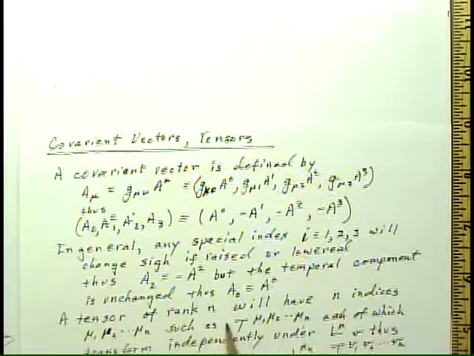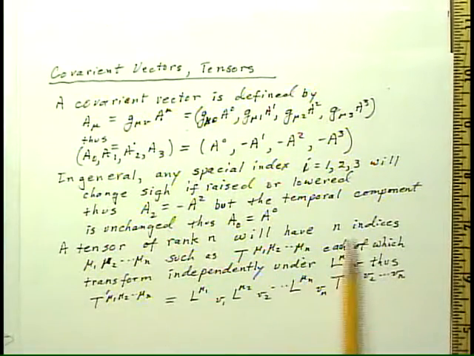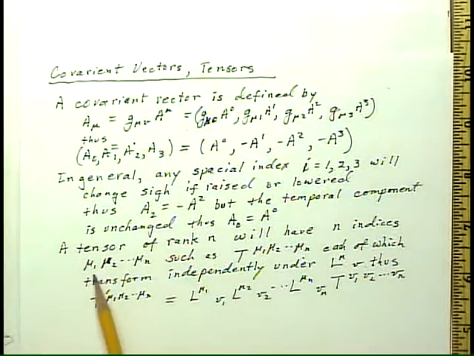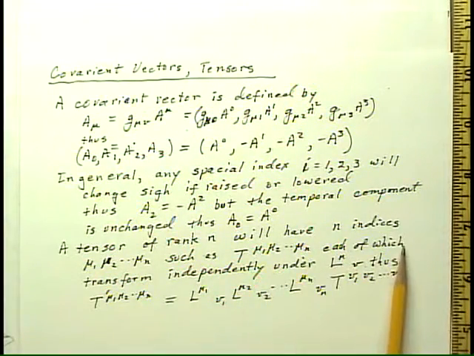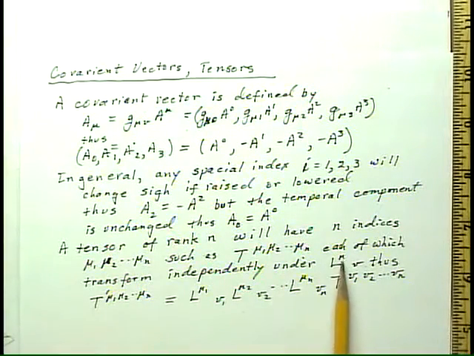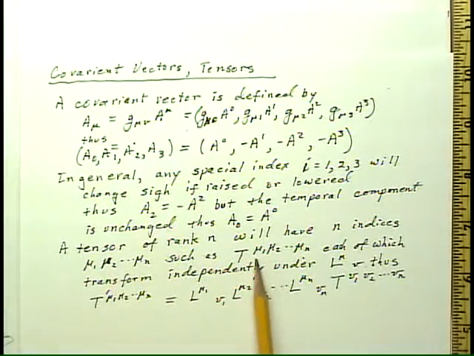We can define a tensor of rank n as an object which has n indices, mu1, mu2, up to mu n. For example, T with indices mu1, mu2, up to mu n, if each of these indices transforms independently under L mu nu. Thus, how does this object change when we go from one frame to another?